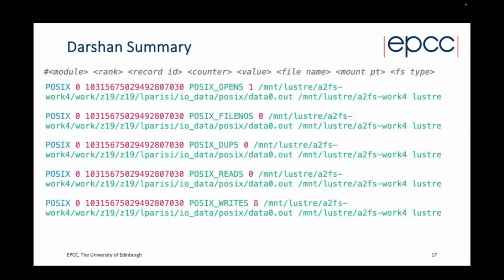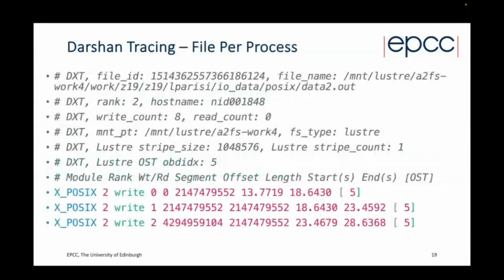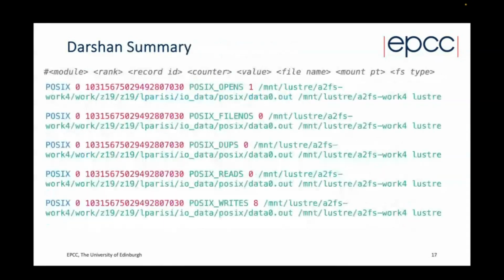So if you look at the summary, it will look like this. You will get this table. The first column will tell you which module is actually doing the call. In this case, it's POSIX, so quite low level. It will tell you which rank is calling the library.